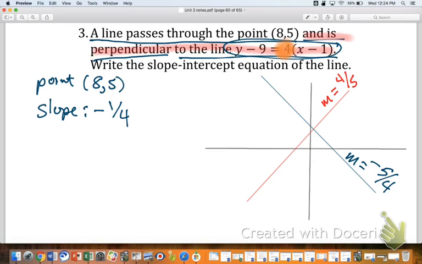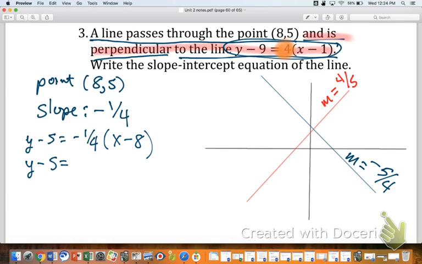So once we get to this point, we just put it together like we have been doing. I like point-slope. There are other ways to do this, but I would write y minus 5 equals negative 1/4 times x minus 8, just using point-slope as a gateway to get to slope-intercept. What is my first step on that path? Distributive property.